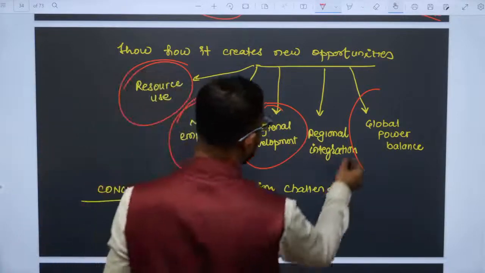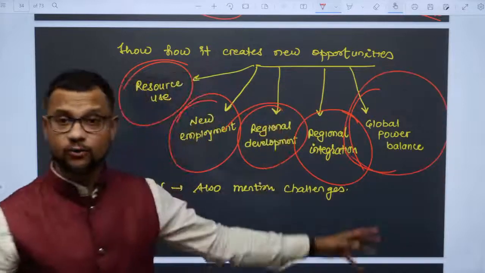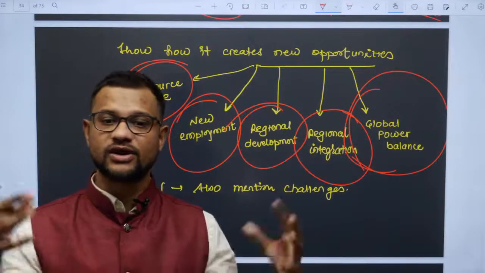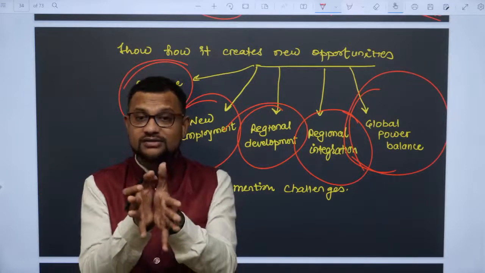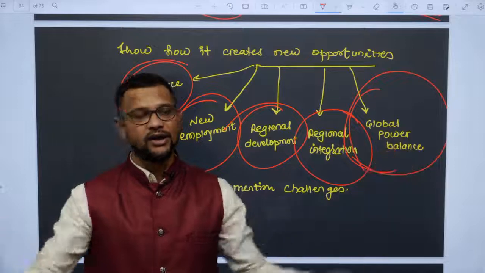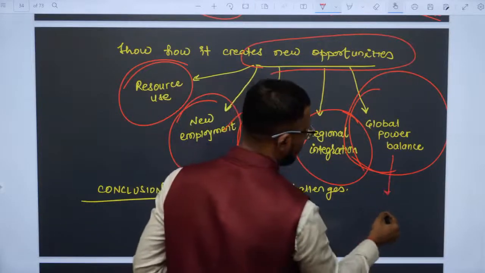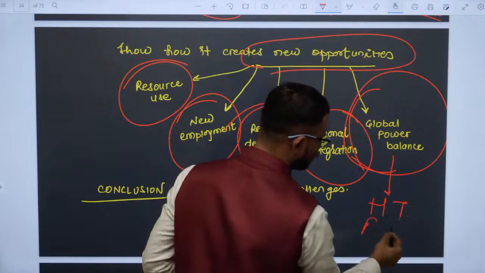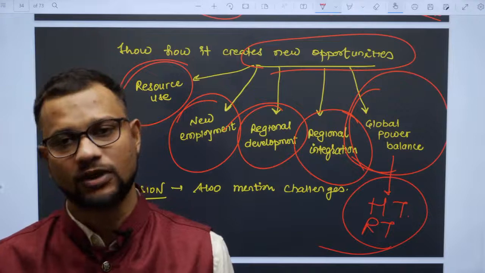Okay, then regional integration and global power balance. Earlier it was a developed case, US and EU, European Union. Now the world is getting more diversified and it has given us opportunity. So mention here the heartland theory and Spykman's rimland theory for global power balance. You can absolutely write it.